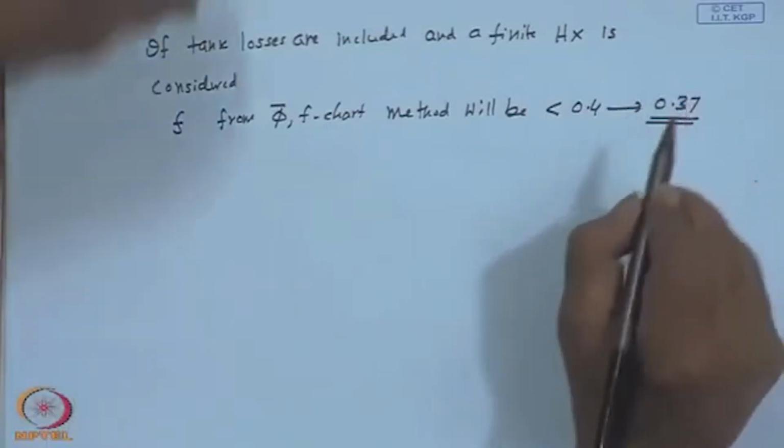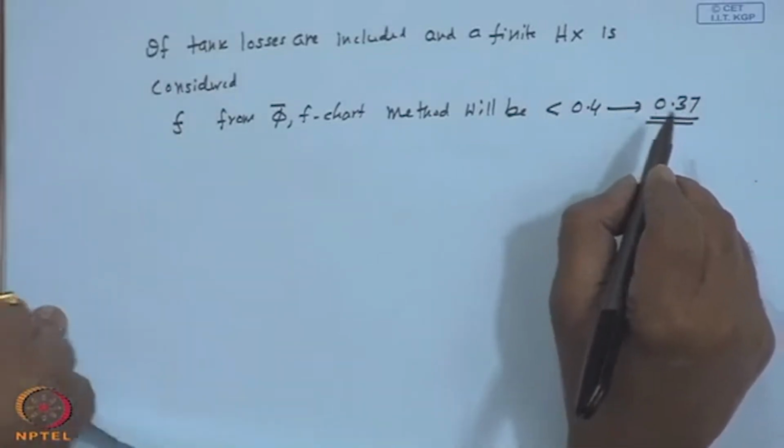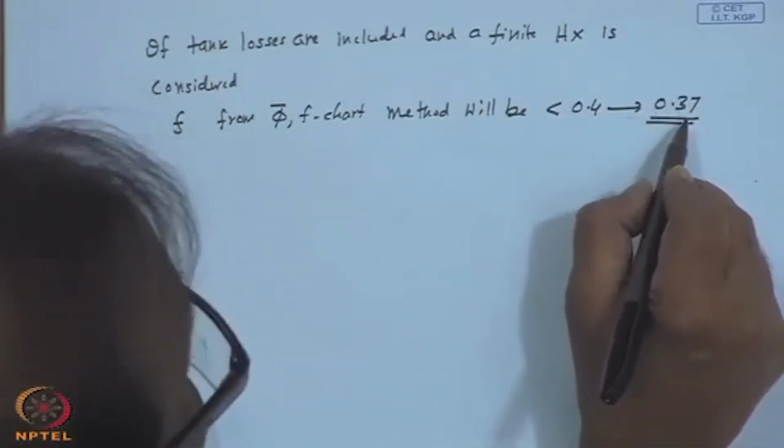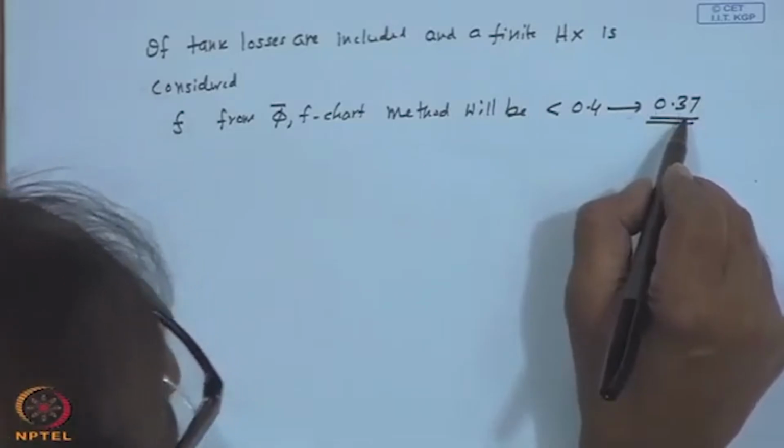Of course, 0.37 also is slightly inflated because the storage is higher. We can do the same thing for the F chart method also. So, these values are quite comparable.